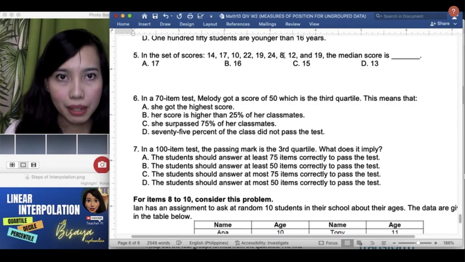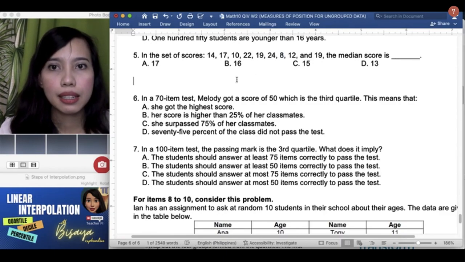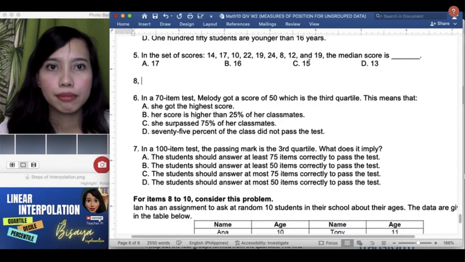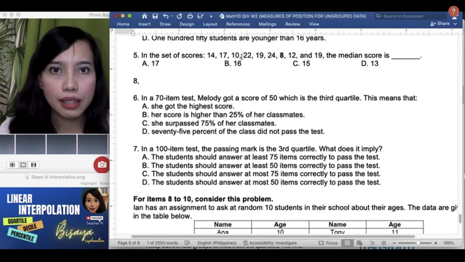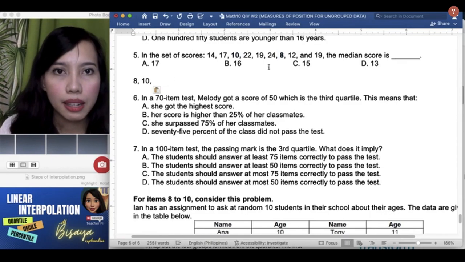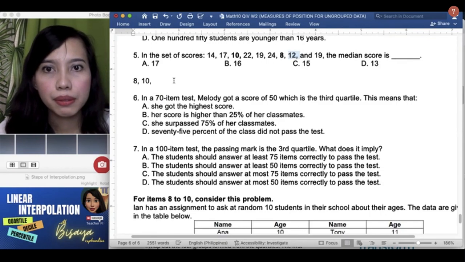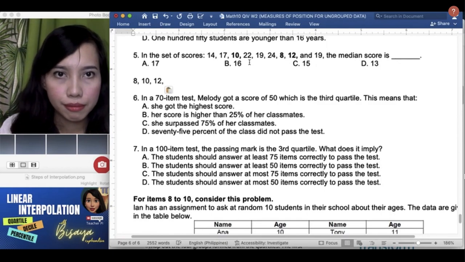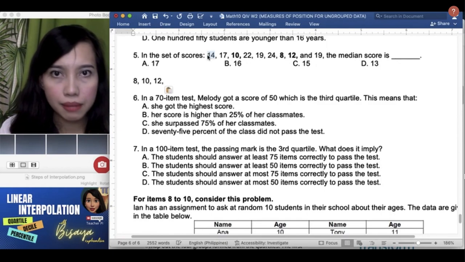So, the smallest is 7, then 8, next to 8 is 10, and then 12, 14.